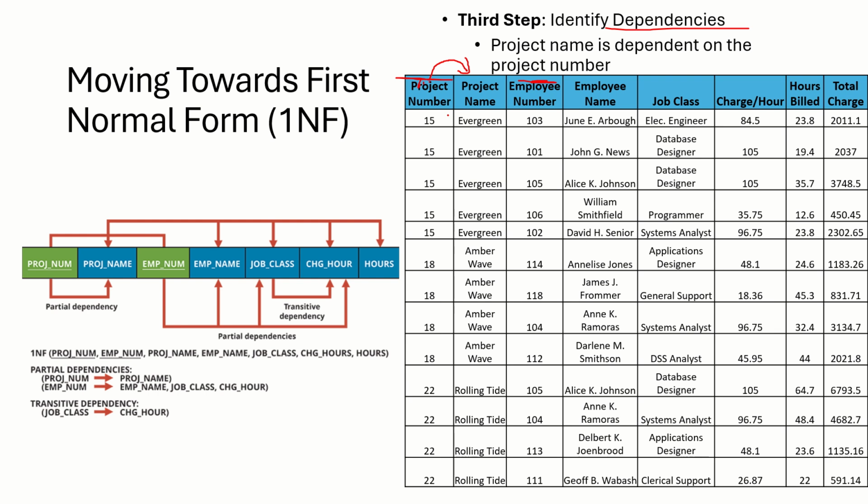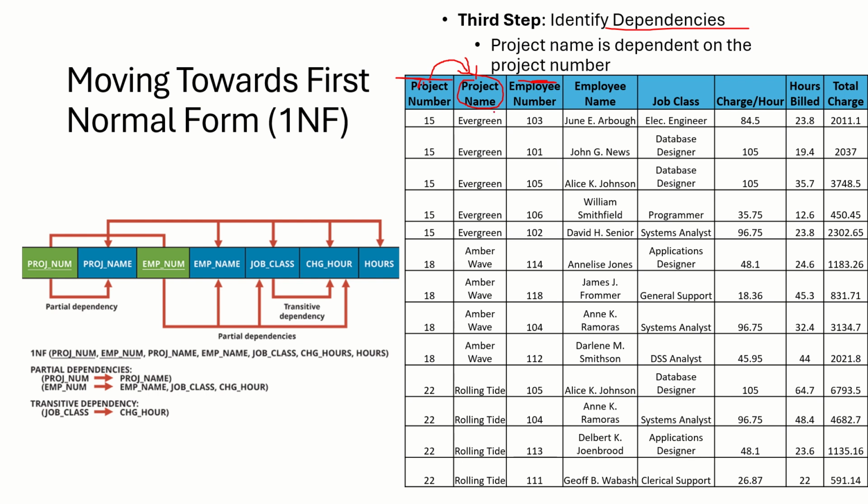Yes. So in that case, the project name partially depends on the primary key, right? So we can tell the project name depends on the project number. Is there something else that depends on the project number?